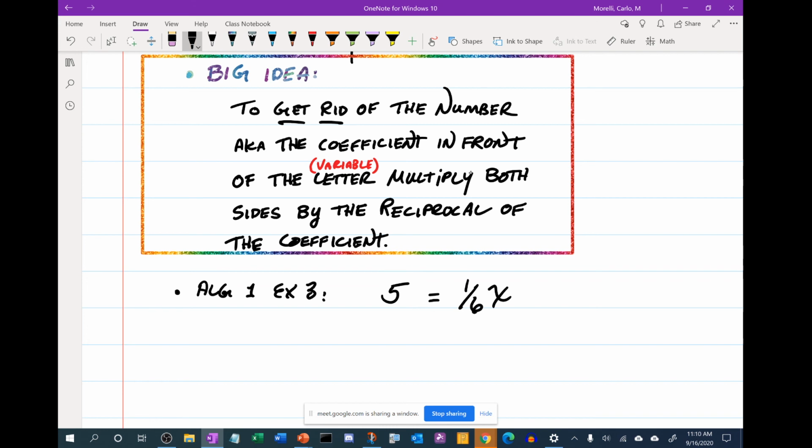So multiply both sides by the reciprocal of the coefficient. Times 6 over 1. Yep. Good job, Cameron. So these all cancel over here. X equals 6 times 5, which is 30.